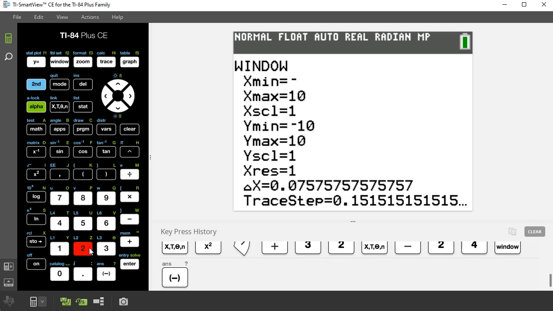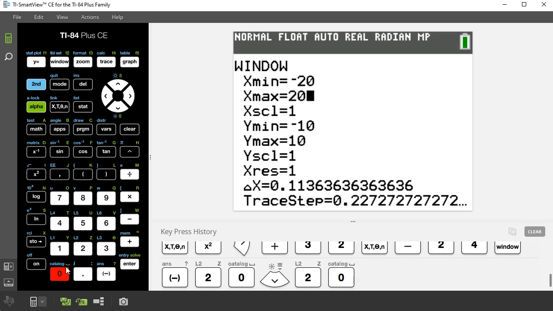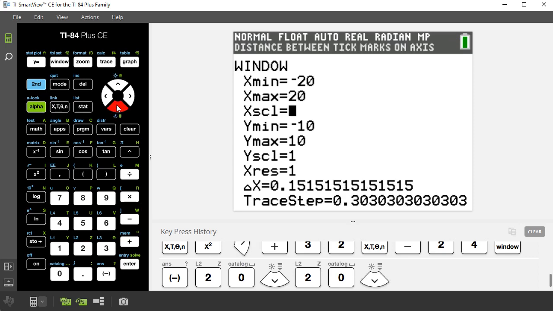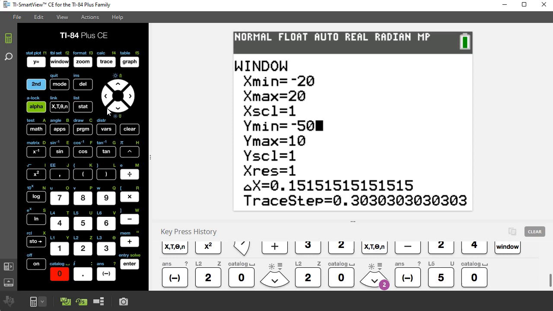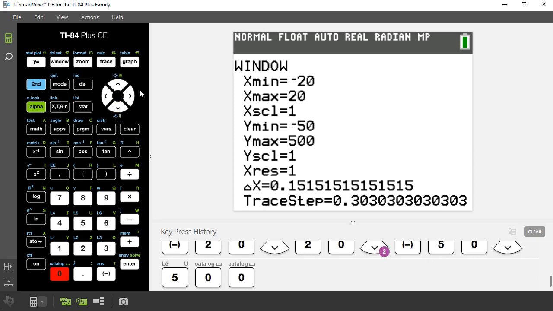So let's do minus 20 to 20, and maybe for this one, we'll just say minus 50, and then for the maximum, we'll put 500.